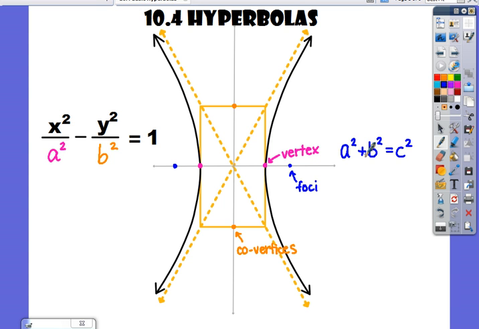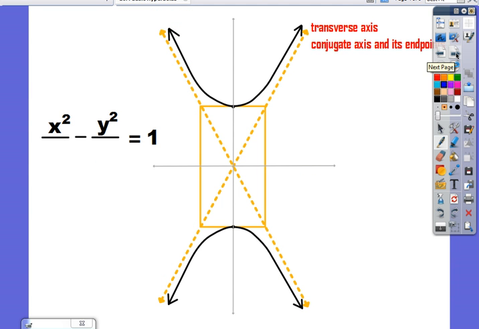Not all hyperbolas run horizontally, I guess you'd say, with a horizontal major axis, right? Some of them could go up and down. So here's another example where the major axis runs up and down. The difference here is in the equation.